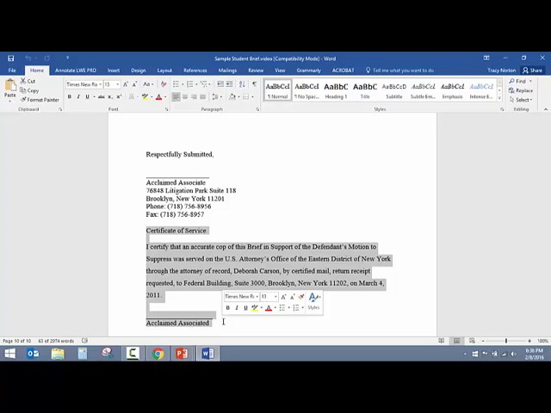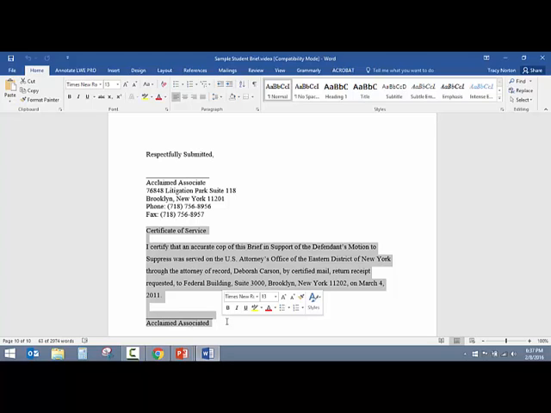It serves the function of you attesting that you have served the document as you were required under the rules of procedure, and it also attests that you have served the document properly, that you have done it using a method that is approved by the rules of procedure, and that you've sent it to an address that satisfies the rules of procedure with regard to jurisdiction and service.